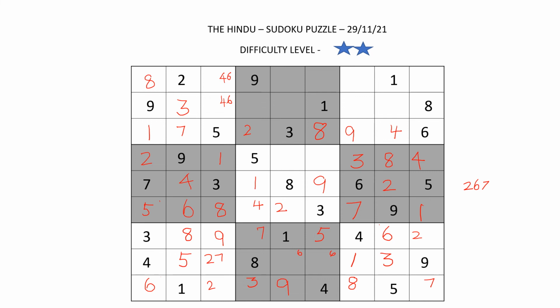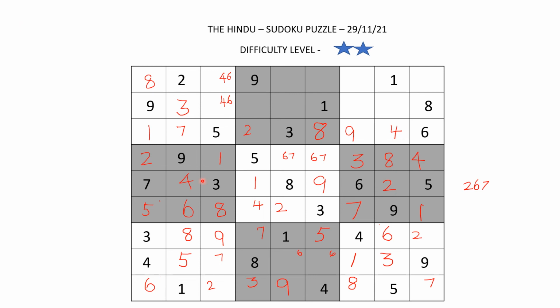Now considering this block, there are only two numbers left, that is 6 and 7. So let us mark that. This block, we have 3 blocking here and we have a 3 blocking here.